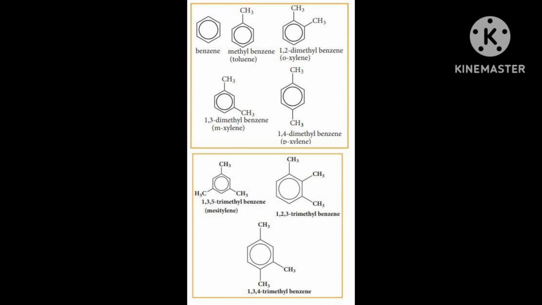With respect to the NH2 group, next carbon will be 1, after that next will be 2, and next is 3. Next to the NH2 group is ortho, next to ortho is meta, and next to meta is para. Then para-nitroaniline.